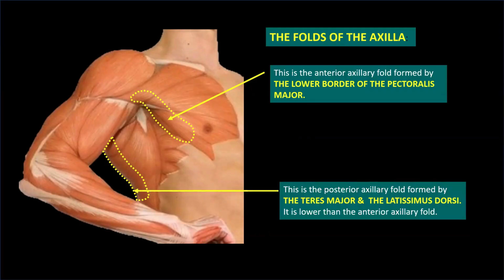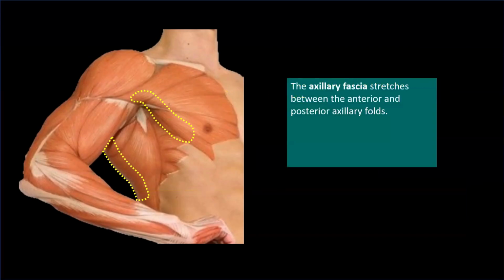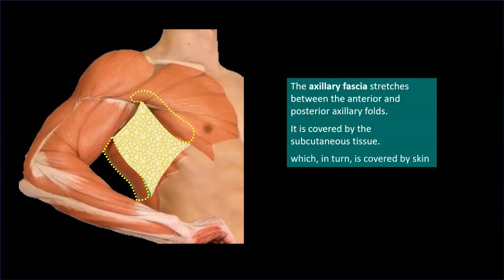This is the posterior axillary fold formed by the teres major and the latissimus dorsi. It is lower than the anterior axillary fold. The axillary fascia stretches between the anterior and posterior folds. It is covered by the subcutaneous tissue, which in turn is covered by skin.